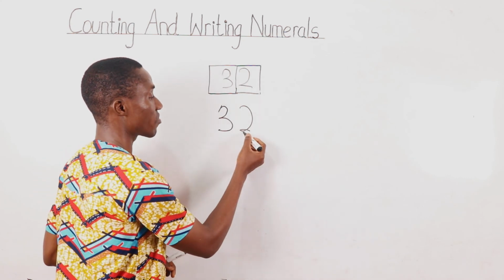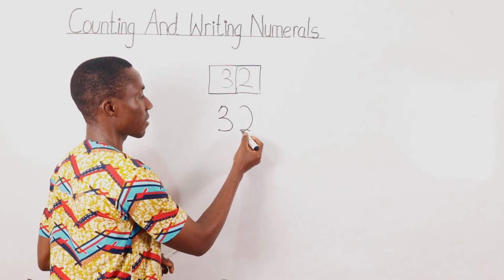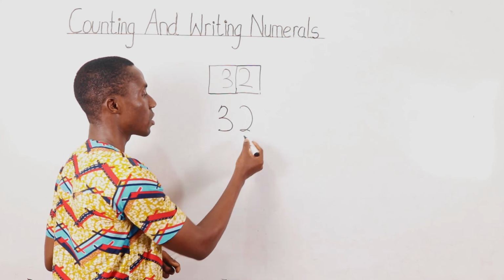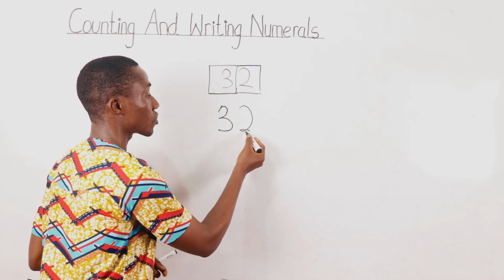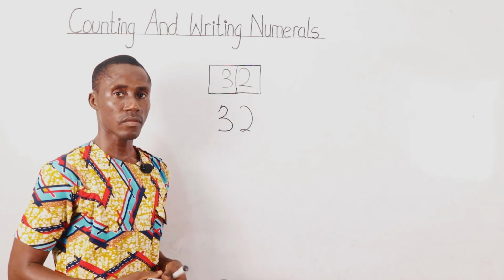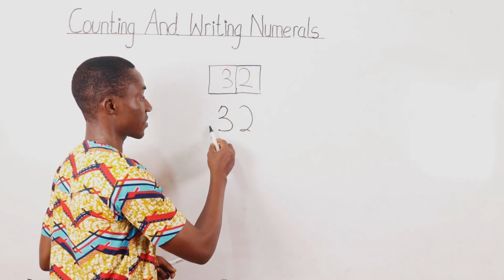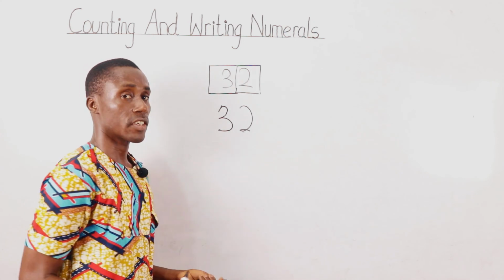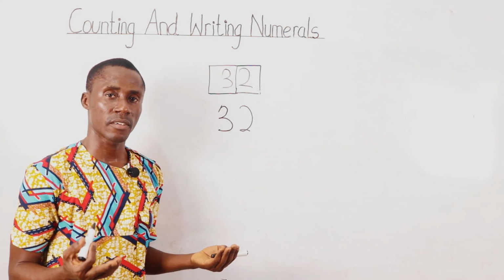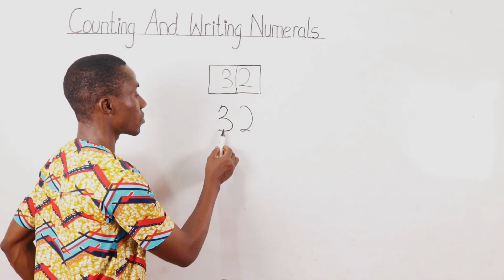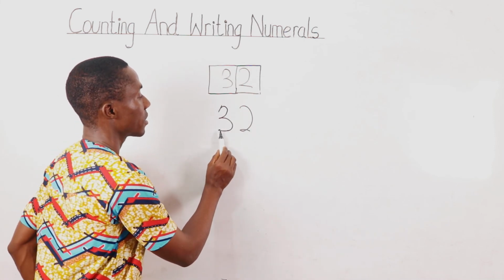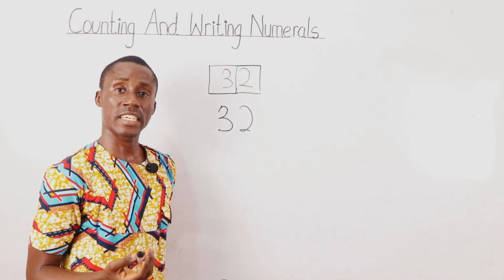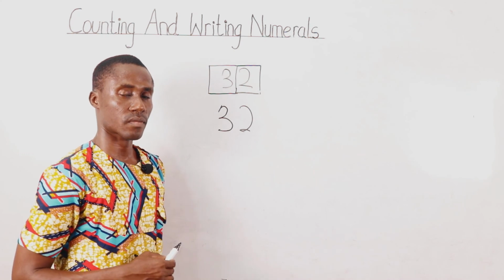And therefore, the 2 is 2 ones. And the next number place after the ones number place is the tens number place. And therefore, this 3 here is actually 3 tens.